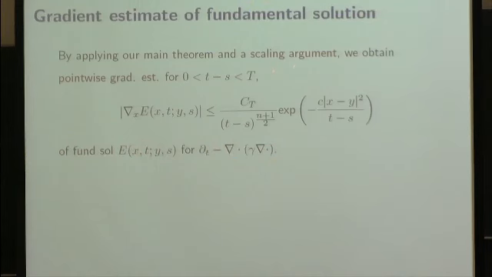By using some scaling argument, we can derive from that previous interior estimate the following pointwise gradient estimate for the fundamental solution of our parabolic operator with discontinuous coefficient. We have this kind of estimate, which is exactly the same as the usual estimate for the fundamental solution for the heat equation.